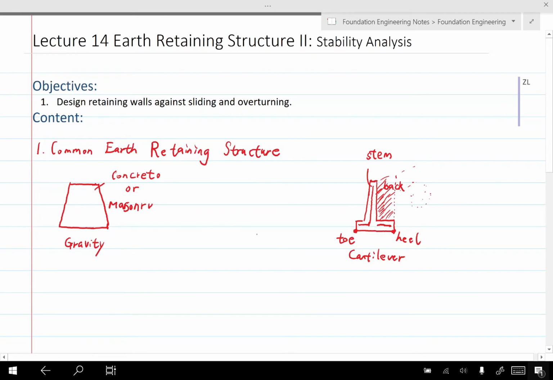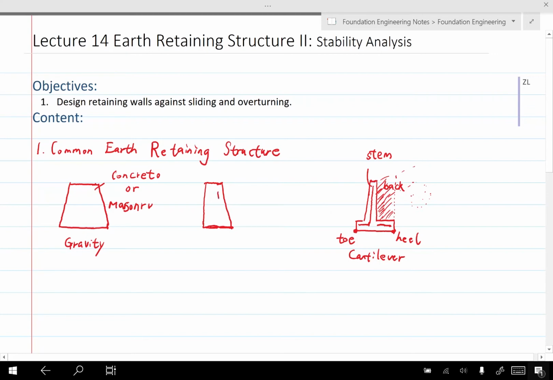We also have something between these two types. It's called semi-gravity. So it's thinner or slenderer than the gravity one, but much thicker than the cantilever one.